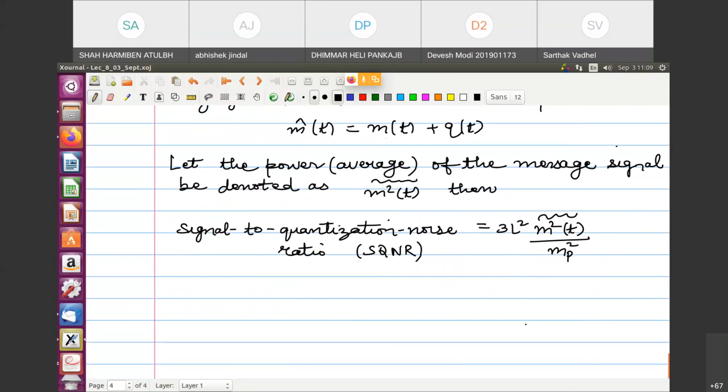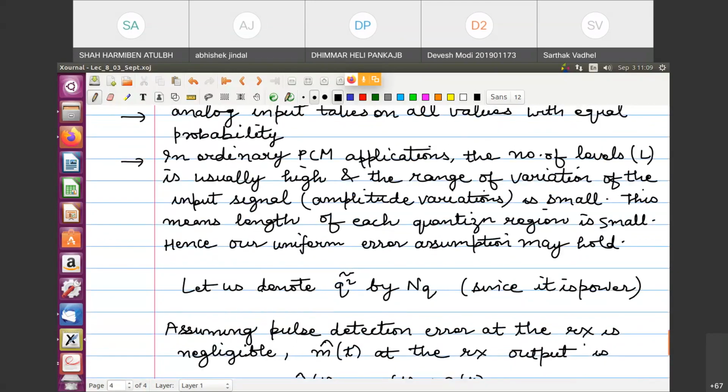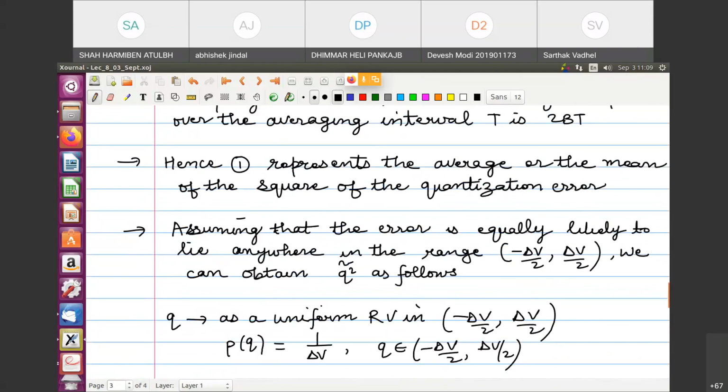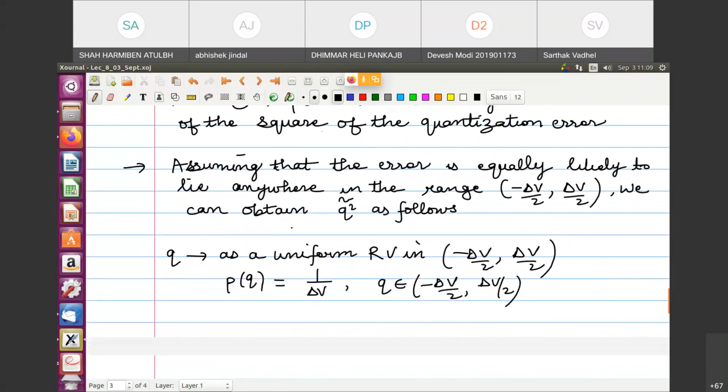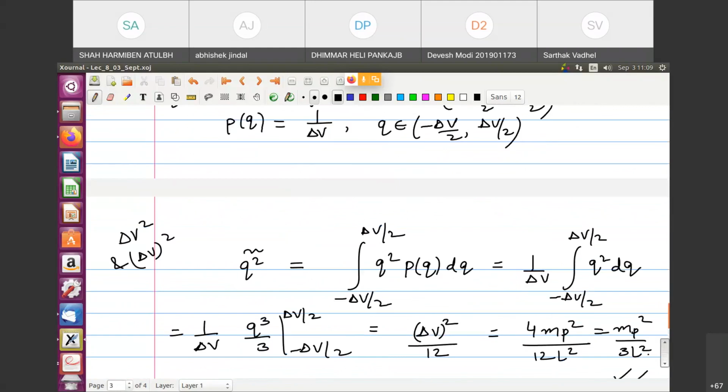So at this point we are done with the derivation of this quantization noise. The derivation followed a sine wave type of system that we were deriving, then we had to go back and assume that the error Q is a uniform random variable, and then we came up with this expression.